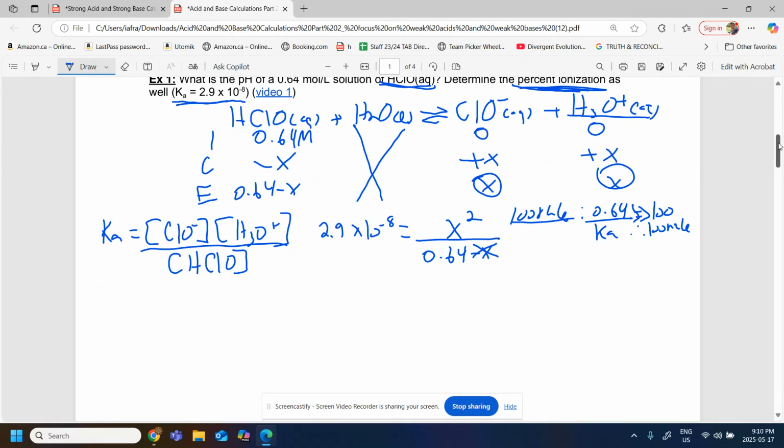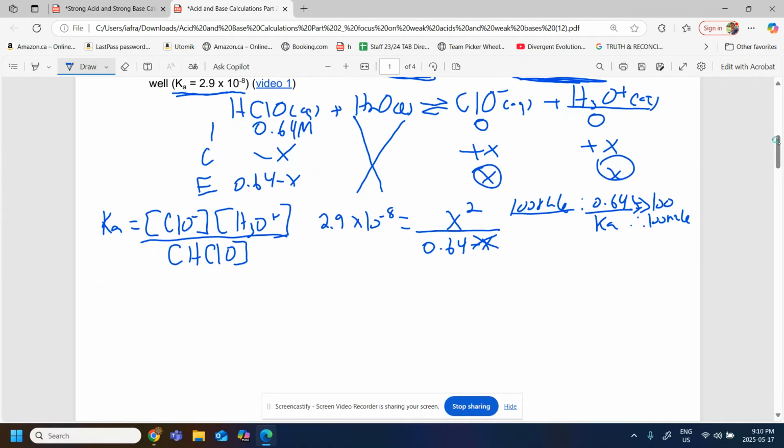And now essentially, we're just solving for x by doing 2.9 times 10 to the power of -8 times 0.64. And I'm going to square root that to get x. And that will be the concentration of H3O+. And it's also going to be the concentration of our ClO-, right?